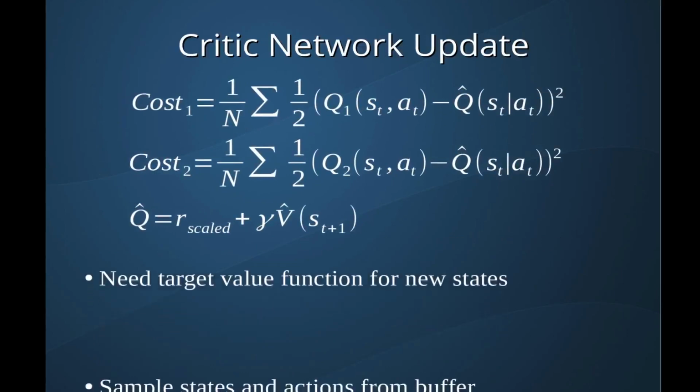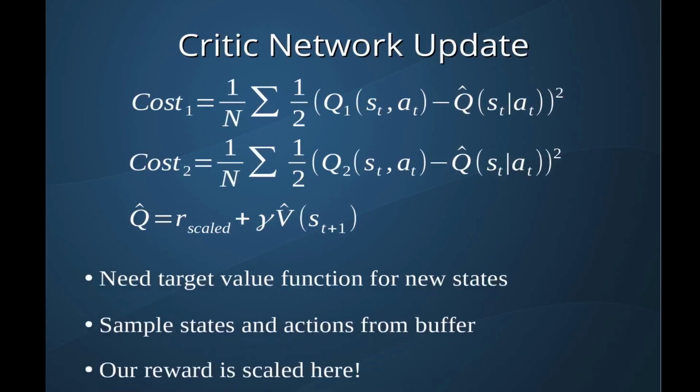Our critic network gets a rather interesting update. So here both critics get updated, so there's no minimum operation here. So there's 2 cost functions, one for each critic, and it's just given by the mean squared error of the difference between the output of the critic for the states and actions sampled from the buffer. And we're not calculating new actions here.